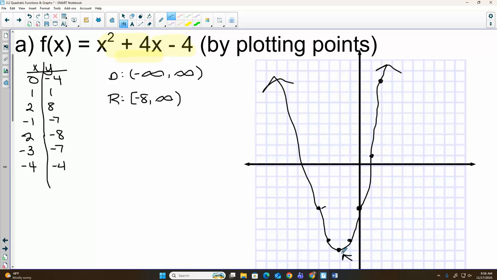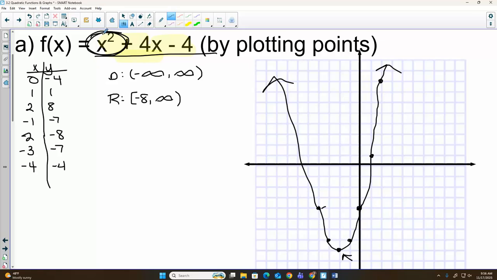Minimum. Okay, so it had a lowest point, and we knew that because it opened up. Could we have known from the original that it was going to open up? Yes. How? Because it is a positive x squared. If it were a negative, that flips it upside down. Positive x squared is flipping up.